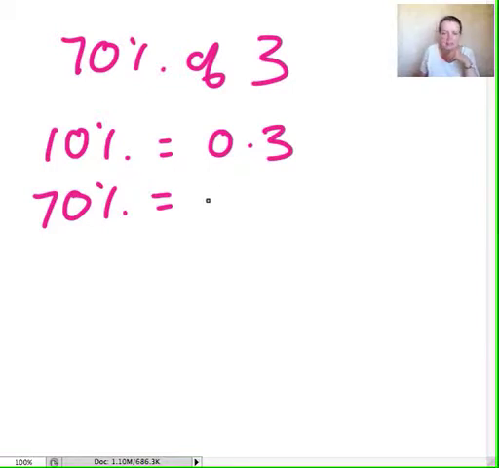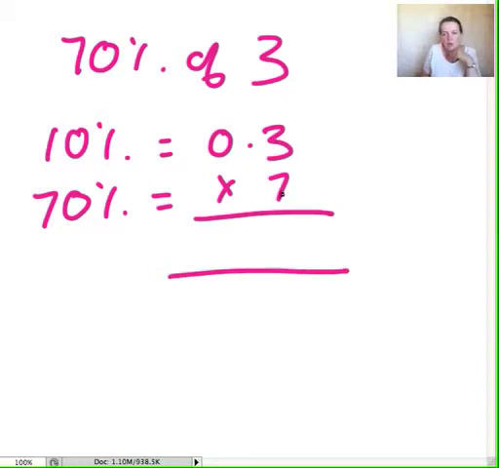So we'll go times 7. 0.3 times 7, so that's 21. One number after the decimal point, so bounce in 1. 2.1. Right, next one.